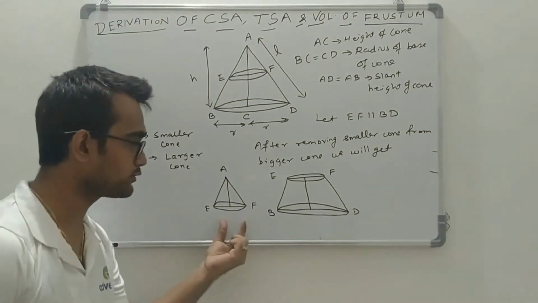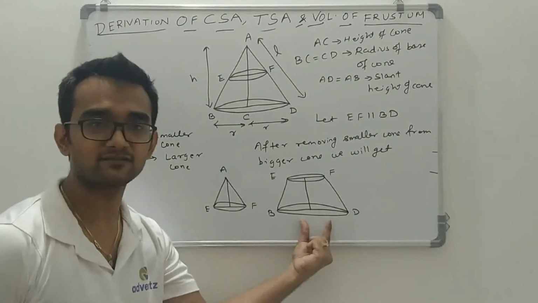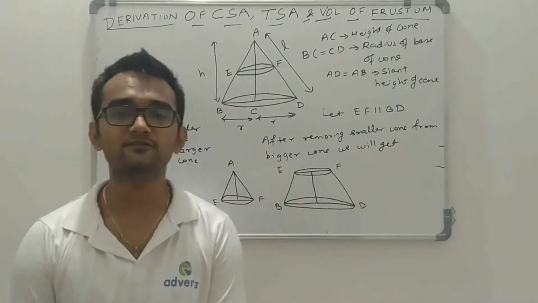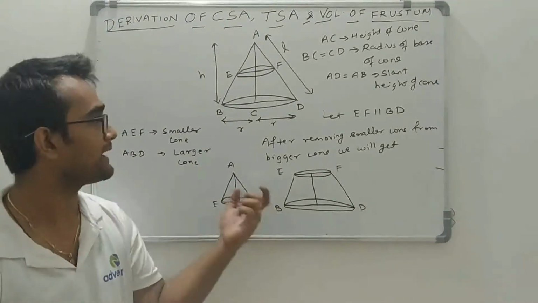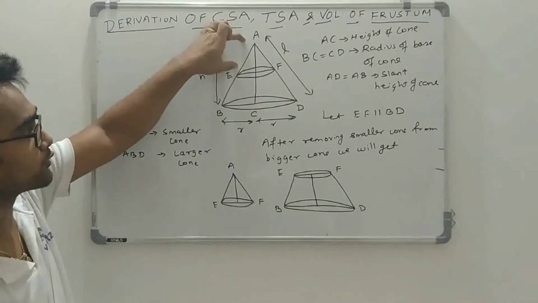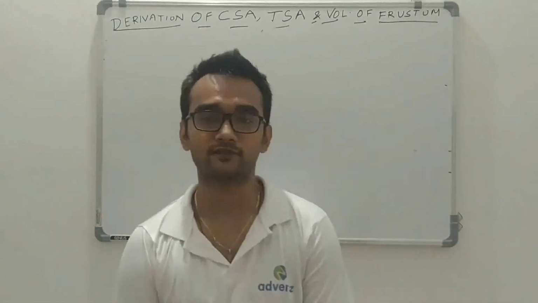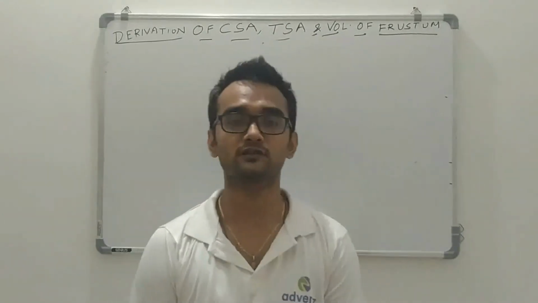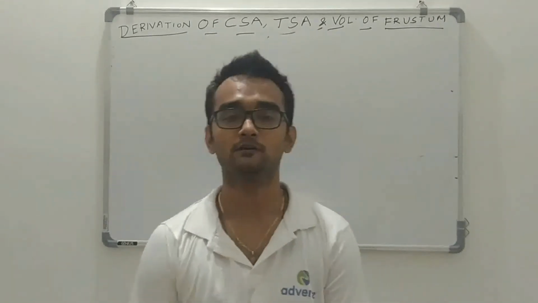This is the smaller cone, and friends, you must have identified this figure. This is the shape of frustum. In this way, a frustum is obtained by cutting a smaller cone from a bigger one. After knowing what is frustum, how it looks like, and how it is obtained, we will switch on to the derivation of CSA, TSA, and volume of frustum.